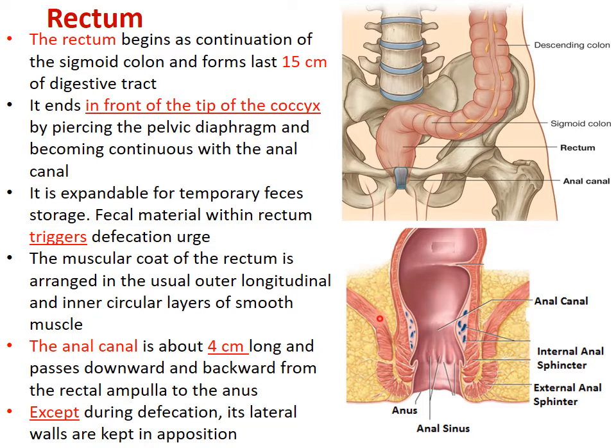Where is the pelvic diaphragm? This is the muscle. Just like the diaphragm between the thorax and the abdomen, there is a diaphragm between the abdomen and the perineum. Not the pelvis, but the perineum. The perineum is the lower area below the urogenital diaphragm. This muscle is composed just opposite to the diaphragm between thorax and abdomen.